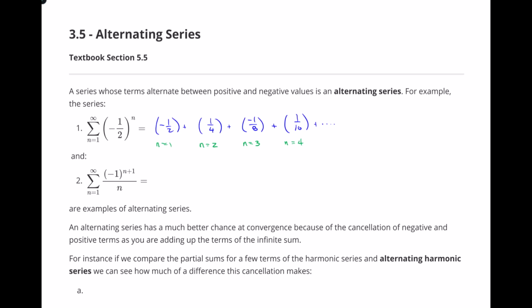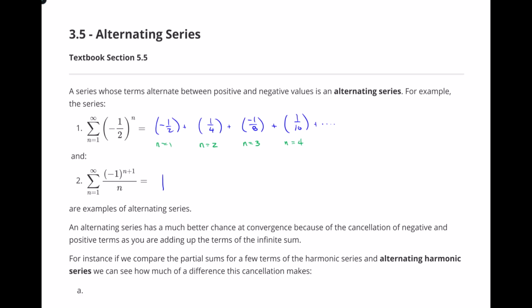All right, so then another example. This one's actually called the alternating harmonic series. I have (-1)^(n+1). Now be careful, because the n plus 1 makes a difference. If I put n equals 1 in, this is going to be (-1) to the second power, so the first term is positive, 1/1.